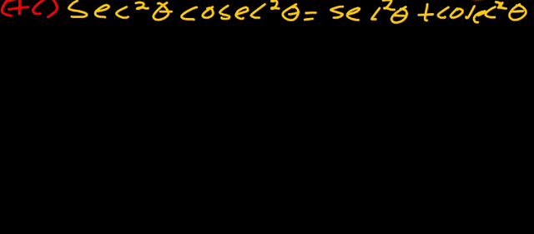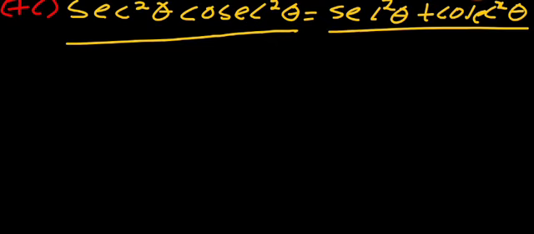Okay, so if you want, you can start from this side or from that side, but it's always good that if you try this side and it's not working, try the other side. It's not always mandatory to use the left hand side.